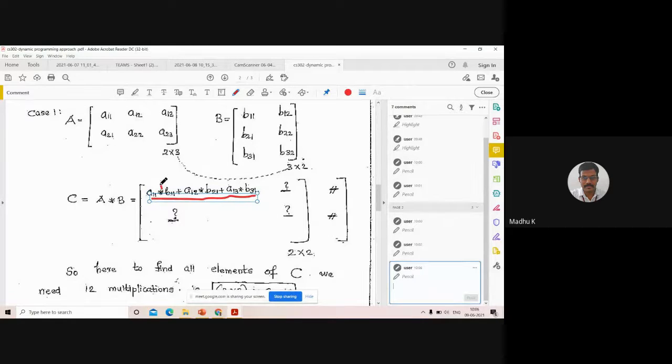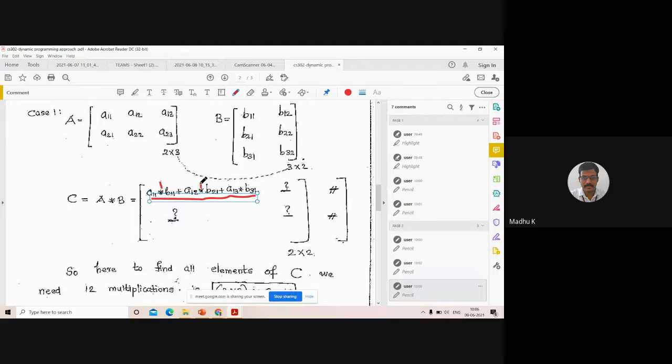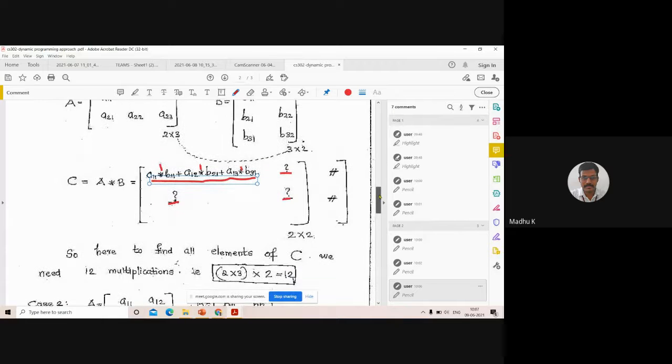This is one scalar multiplication, this is 2, this is 3. So for finding this element, I need 3 scalar multiplications. Then for finding this one also we need 3.